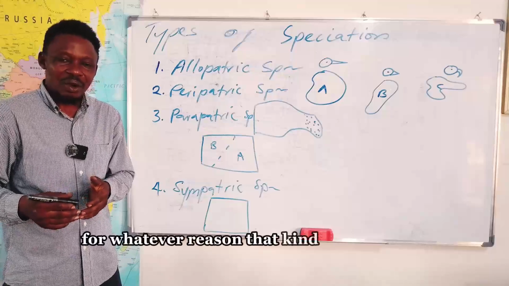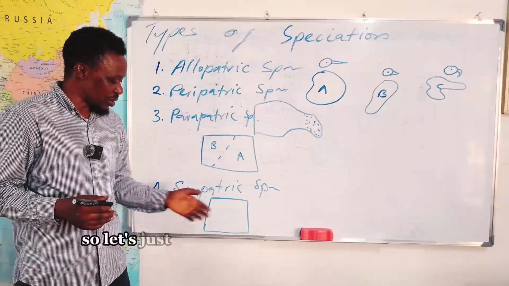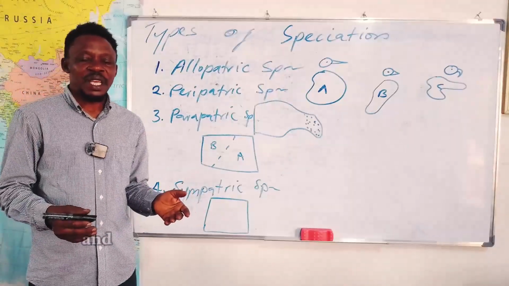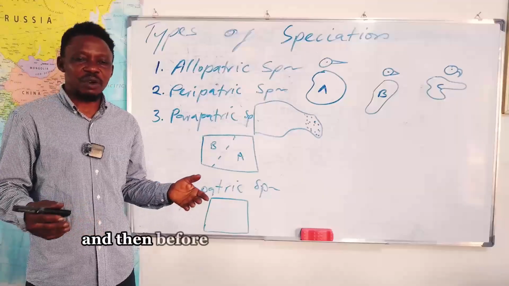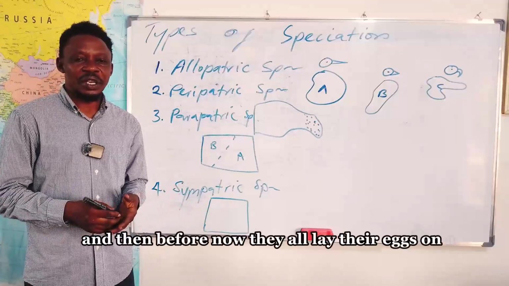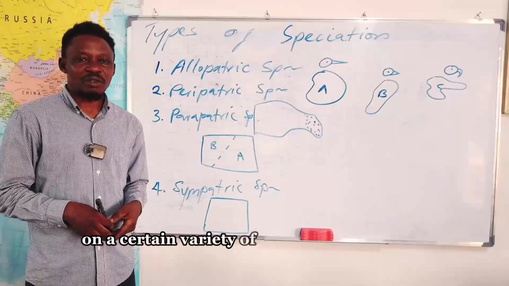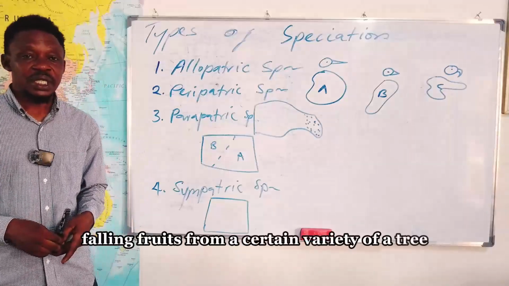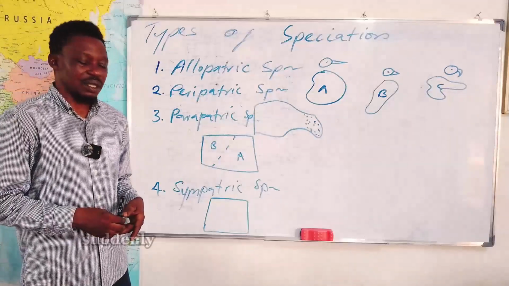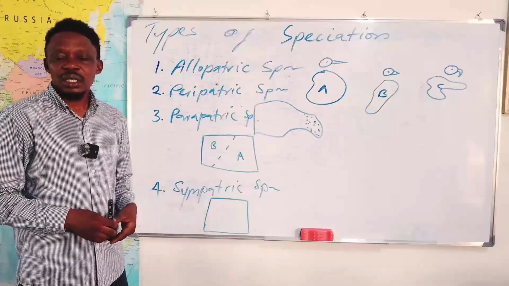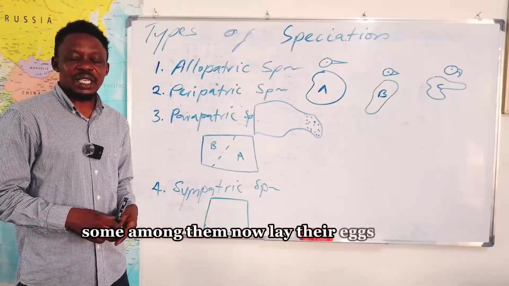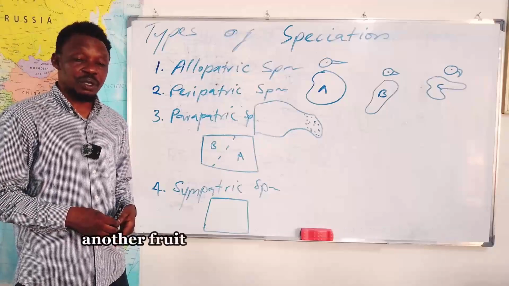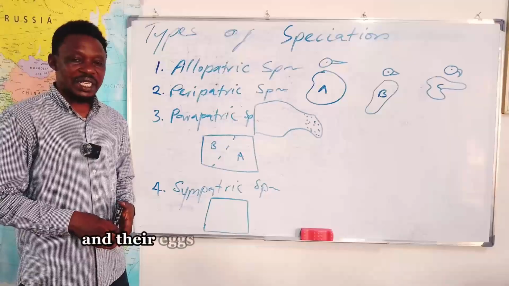So let's just say, for example, you have some group of flies in a certain area, and before now they all lay their eggs on falling fruits from a certain variety of tree, and suddenly, for no reason, some among them now lay their eggs on another variety of fruit, a different kind of plant, and their eggs still hatch.